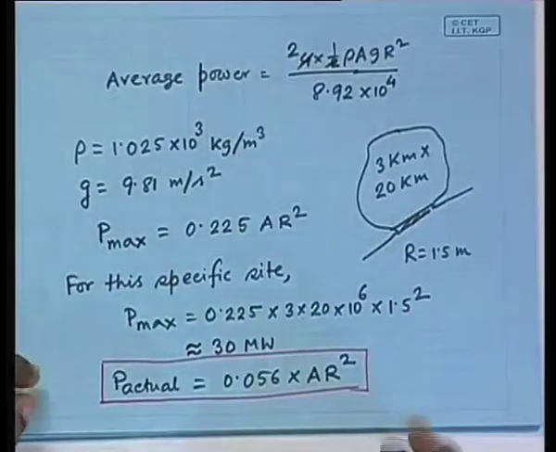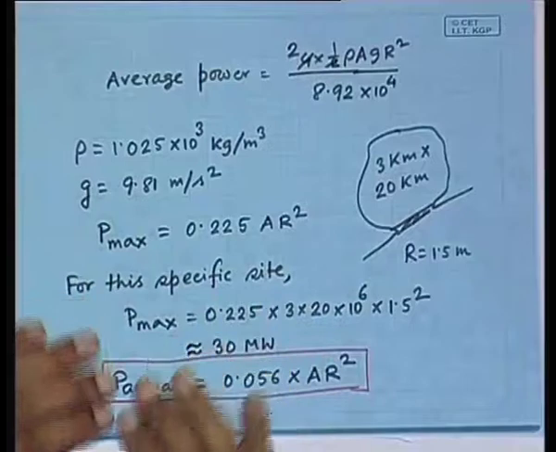Approximately 13, right? Yes. So just if you increase it from 1.5 to 2, it increases from 8 megawatts to 13 megawatts, quite a lot of increase, right? So that you have to keep in mind. One has to select the sites that have good power generation capacity, good head.